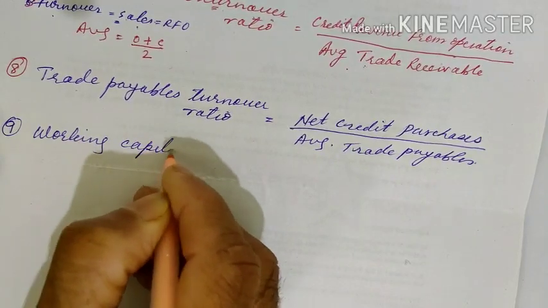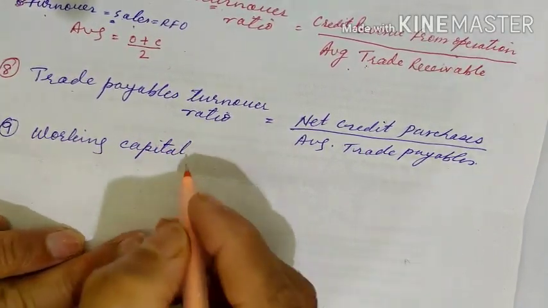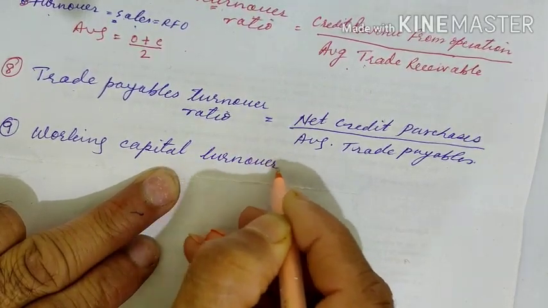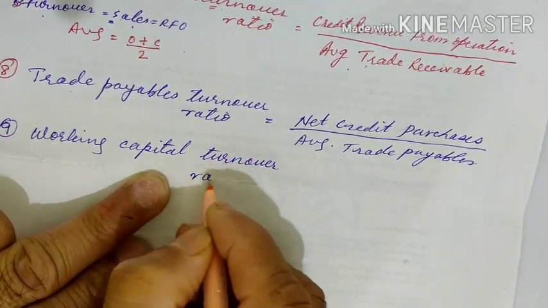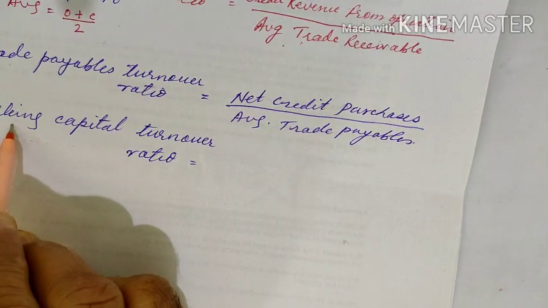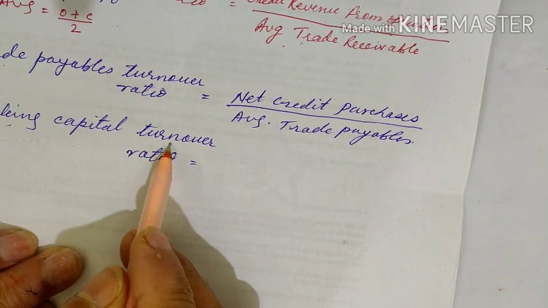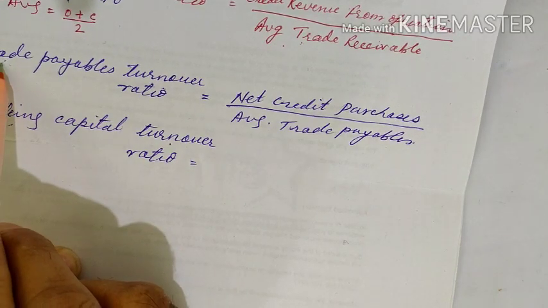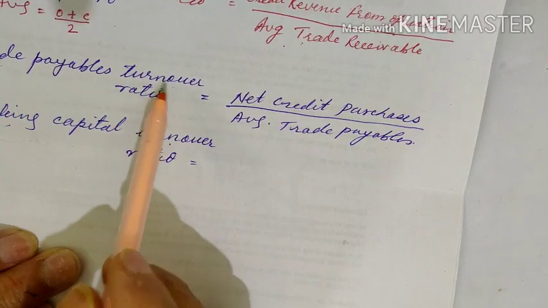Number 9, working capital turnover ratio. Working capital, one factor, another factor is turnover. Like trade payables, we can connect it to the credit purchase.